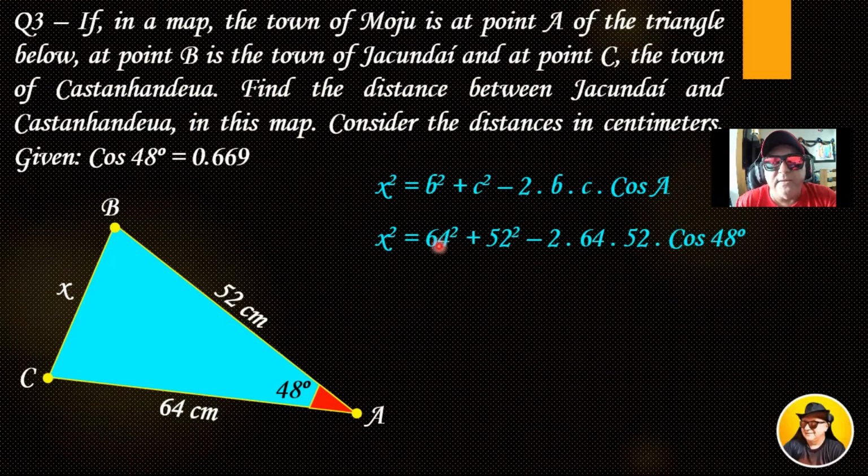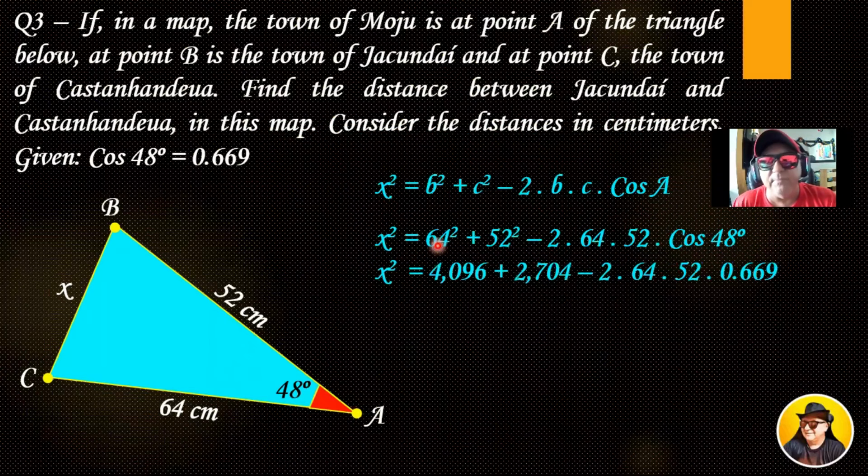Now, 64 squared is 64 times 64, that is 4,096. And 52 squared is 52 times 52, it is 2,704. Okay? And cosine of 48 degrees is 0.669.